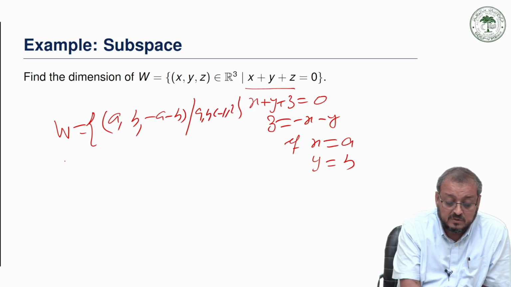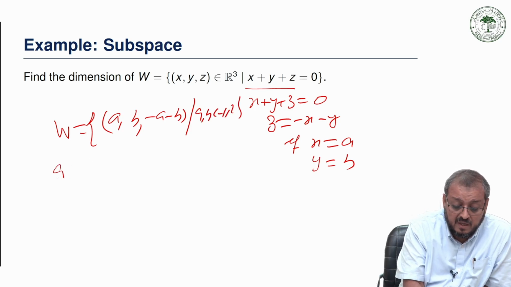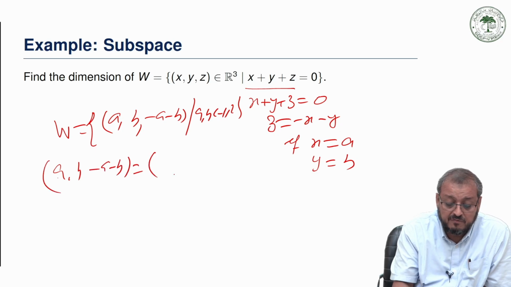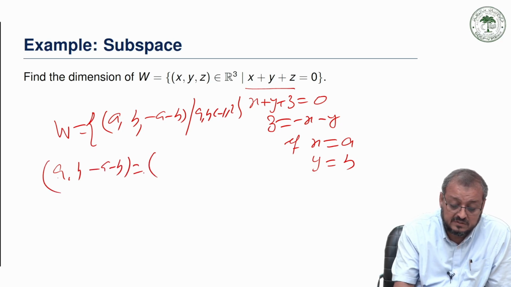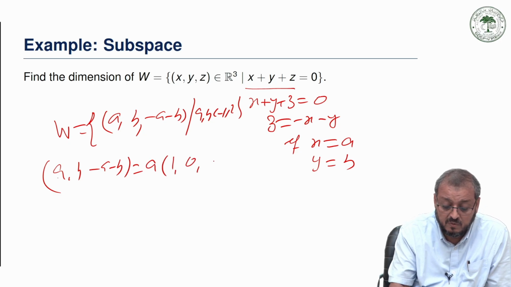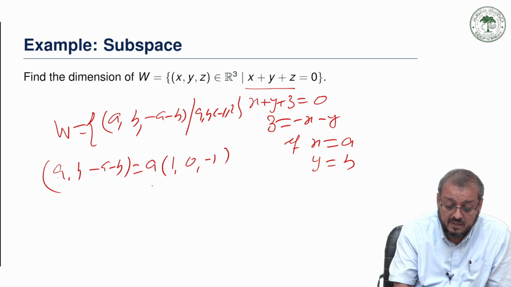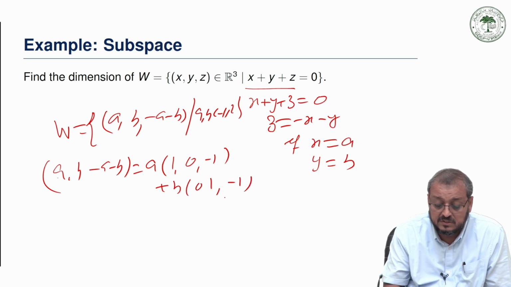So this means A, B, minus A minus B can be written in the form A times 1 0 minus 1, plus B times 0 1 minus 1.